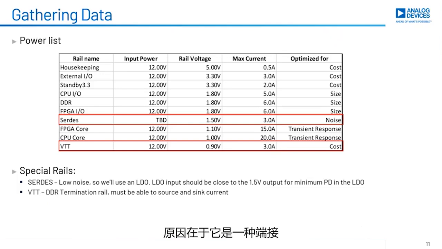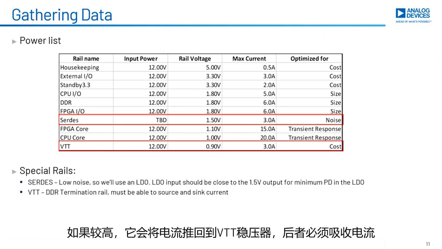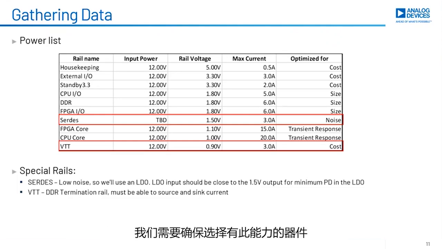And the reason that's required is that it's a termination. It essentially looks like a big termination resistor, and the DDR voltage average may be above the VTT voltage level or below it. If it's above it, it's going to push current back into the VTT regulator, and it'll have to sink current. So we need to make sure we choose a device that can do that.